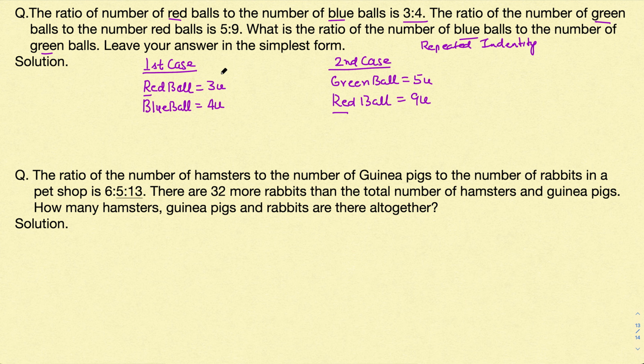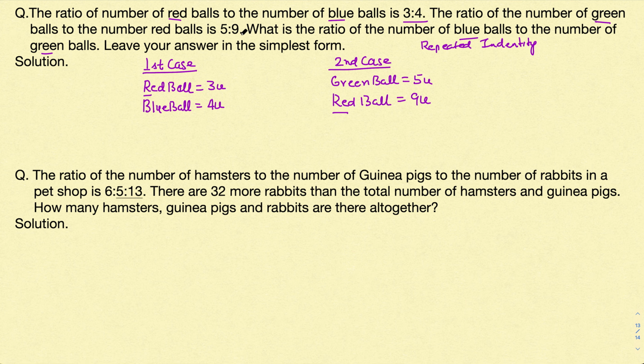Now see, the number of red balls is fixed. It's just that the ratio when comparing the red balls and the blue balls is 3:4. That means if there are 3 units of red ball, the number of units of blue ball is 4, and when comparing green balls and red balls, the ratio is 5:9.